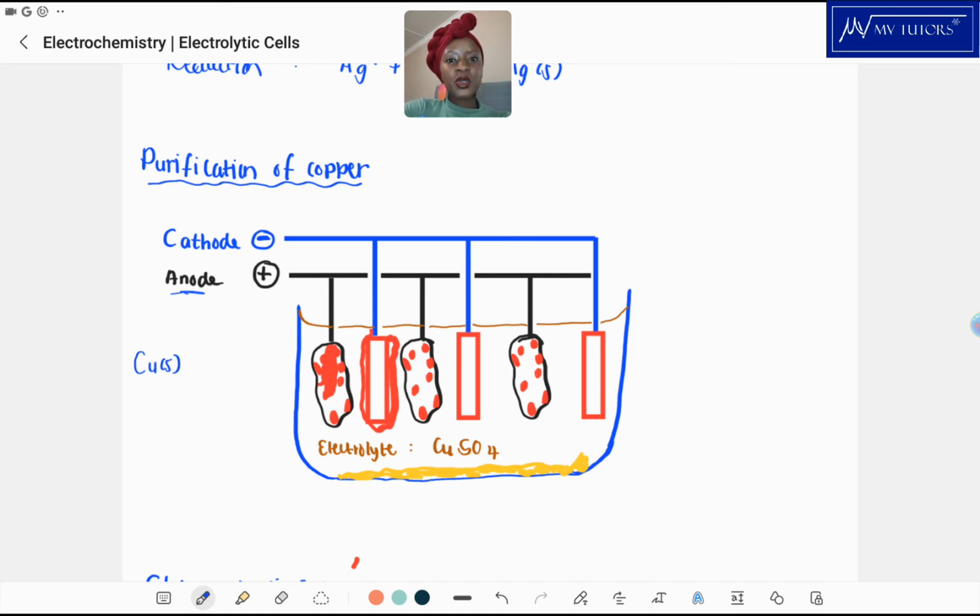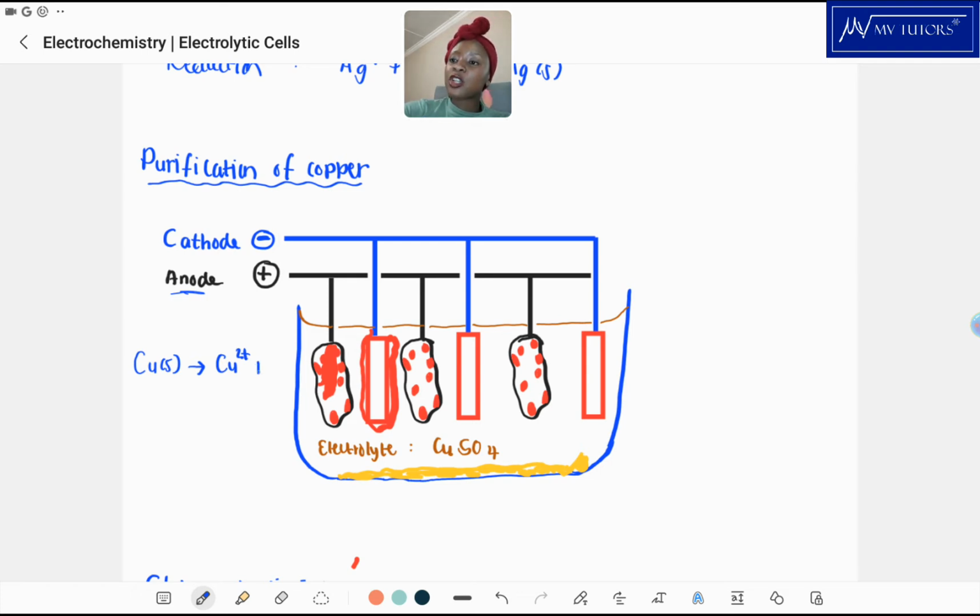It's quite similar to the electroplating. By the way, the electrolyte that is used here is your copper sulfate. But you don't have to worry about the sulfate. It won't reduce or oxidize. Actually, it has a negative charge, so it won't oxidize. So you can be fine with using copper sulfate as your electrolyte. So now you have your copper solid at the anode, and then it starts forming copper 2+ ions.